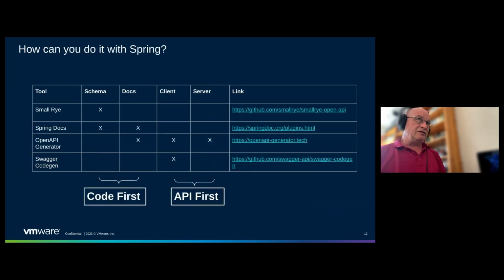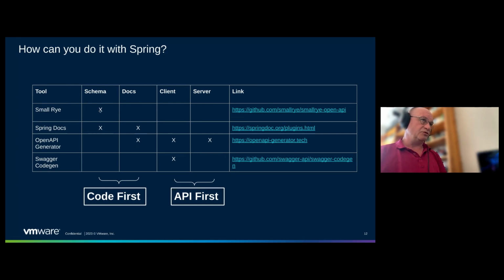Okay, so the available tools for the patterns I just described: there's nothing for aggregation yet, but I'll get to that in a minute. So if you want to do schema generation, so API first, code first, schema generation, there are actually more tools than this available, but I'm going to show you the top 3, I guess, at least, if I've got time.